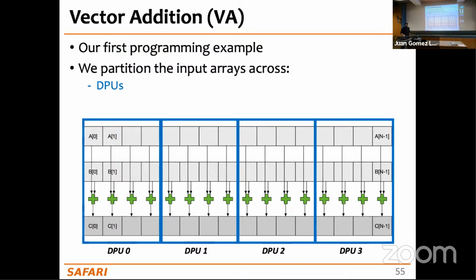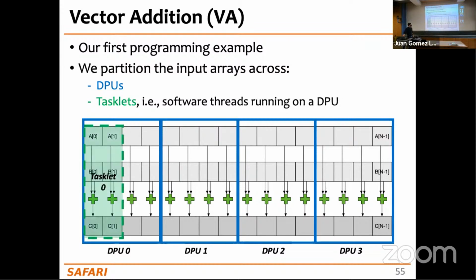And then internally, inside each DPU, we use software threads that run on this same core, and they are called tasklets. I just want to have this name here because I will repeat the name tasklet several times, but you just think about them like software threads. And then this whole chunk that has been assigned to DPU 0 should also be distributed across the tasklets. So assuming that we have 2 tasklets in each DPU, one way of partitioning can be this one.